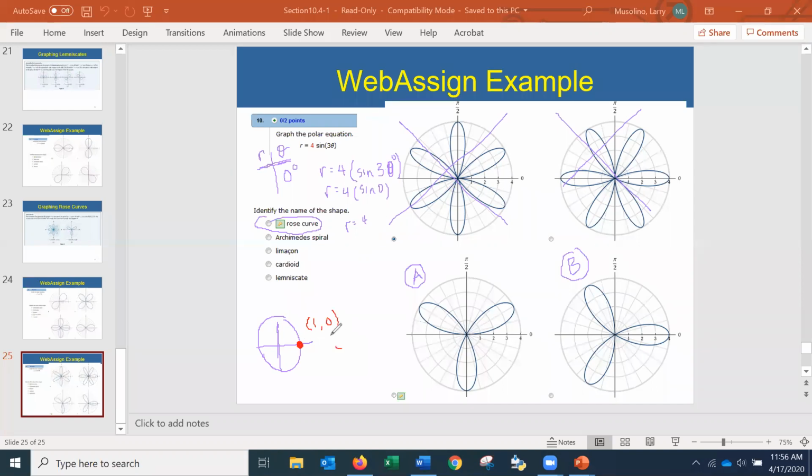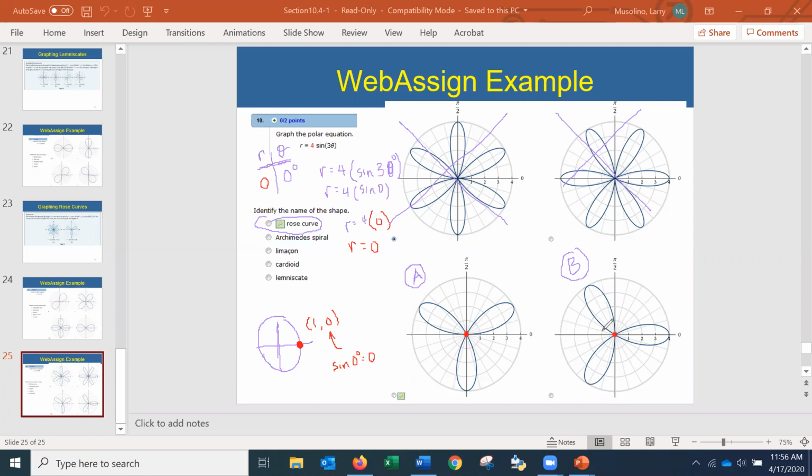Well, remember the sine is the y value, so it looks like sine of 0 degrees is 0. So this is going to be 4 times 0, so r is 0. But when I plot r equals 0, theta equals 0, that's a point right here in the center of the graph. But both of these graphs have that value, so that's not really helping me.